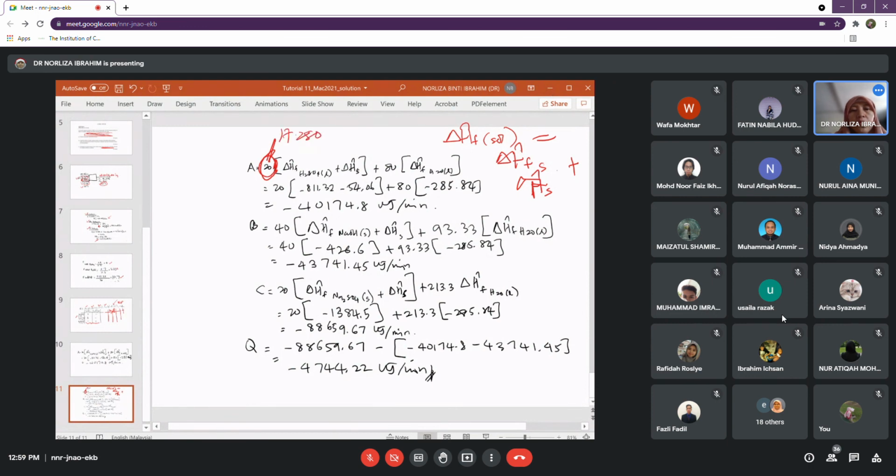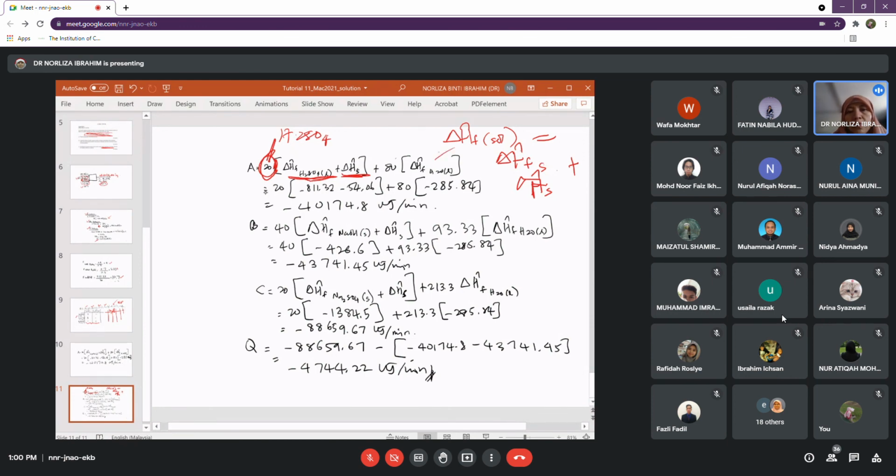So this is for H2SO4. This is the heat of formation of H2SO4 liquid from table B1, plus heat of solution for the H2SO4 using table B11. And then you add the heat of formation of the liquid water.